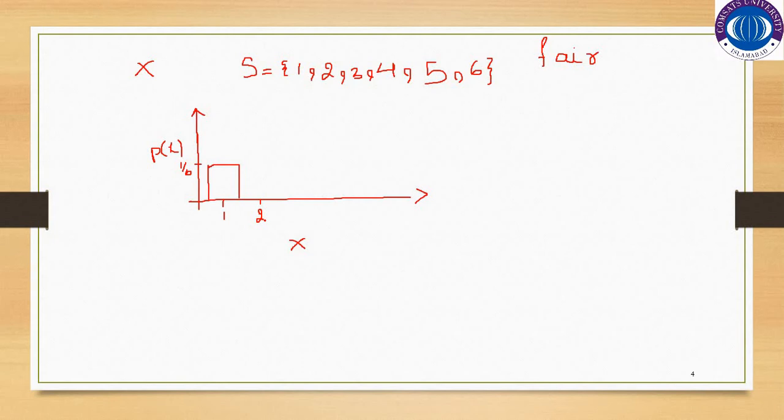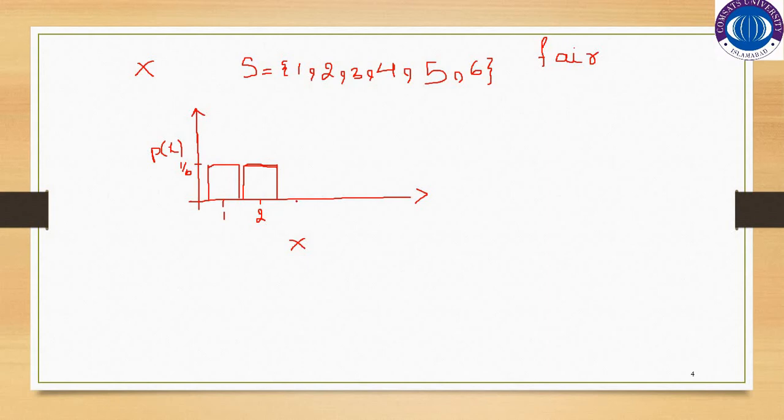So by the definition of the probability of an event, the probability of the occurrence of the outcome 2 is again 1 by 6. Drawing the bar for the outcome 2, it will be the same as we have drawn for the outcome 1.